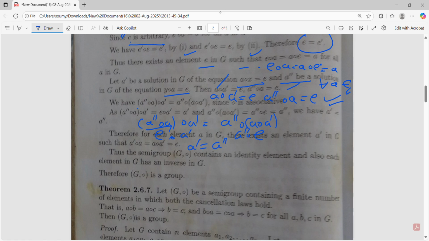So A double dash becomes equal to A dash.